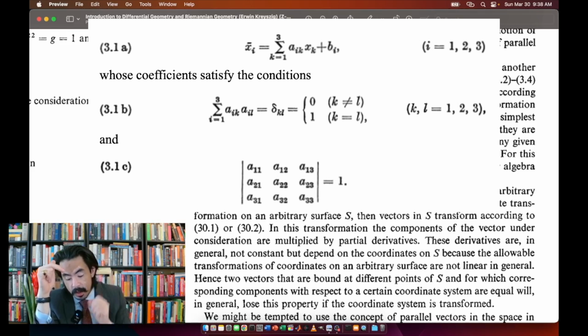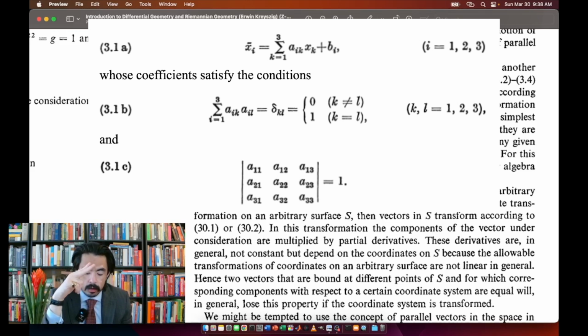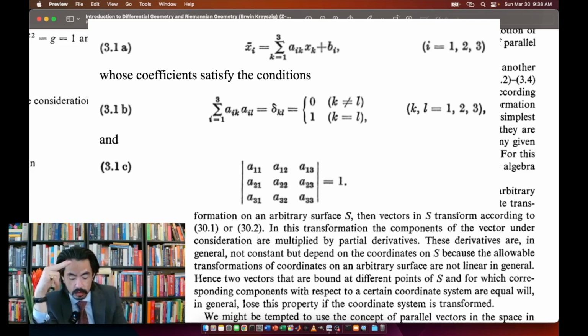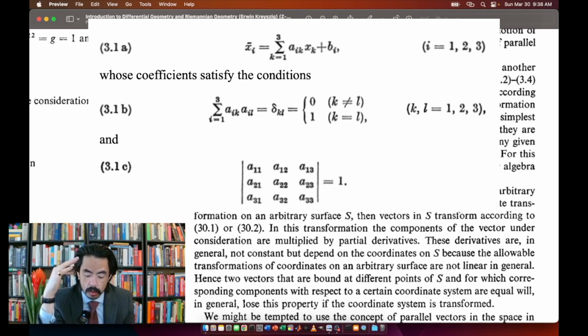And then we have the determinant where the columns are a11, a21, a31, and then a12, a22, a32, and then a13, a23, a33. This determinant is equal to 1. So that's just to specify the conditions for these coefficients for a linear transformation from the preliminaries chapter, which is being referenced here. That's what 3.2, 3.3, and 3.4 here are.